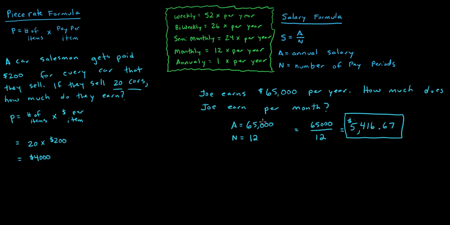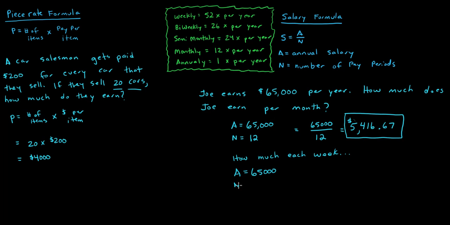Now, if I wanted to know how much he earned each week, I would take the amount of money, which is my A for the year, which is 65,000.